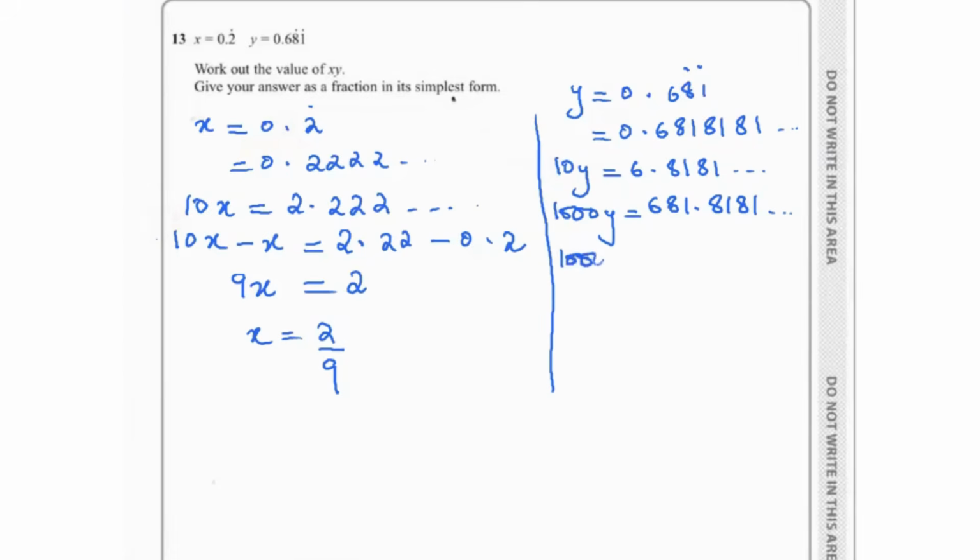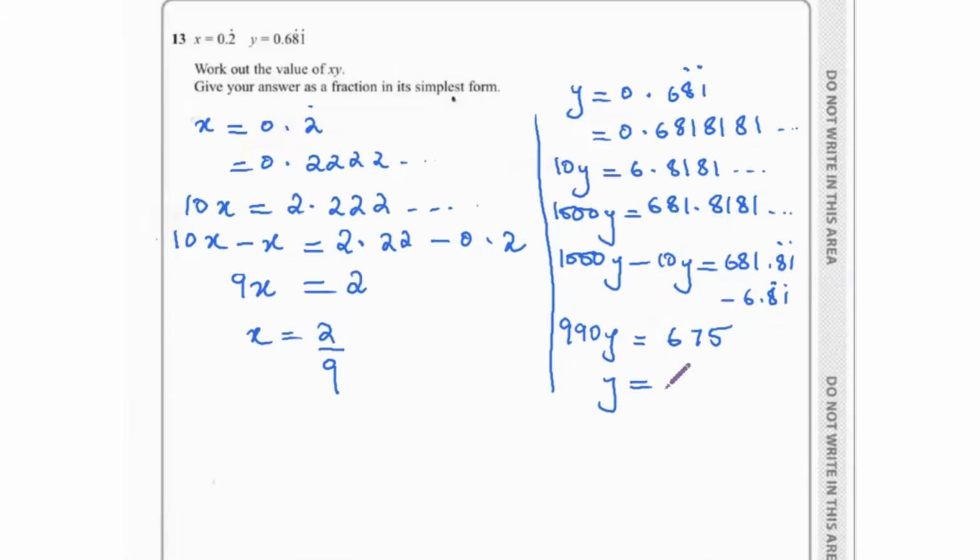So we subtract 10y from 1000y. So that's going to be 681.81 recurring minus 6.81 recurring on this side. So that's 990y equals 675. As you can see, the numbers after the decimal are gone and we're left with whole numbers.